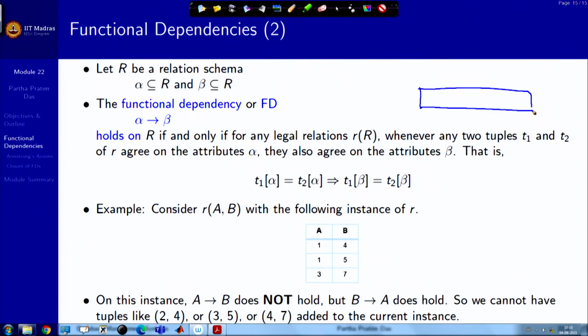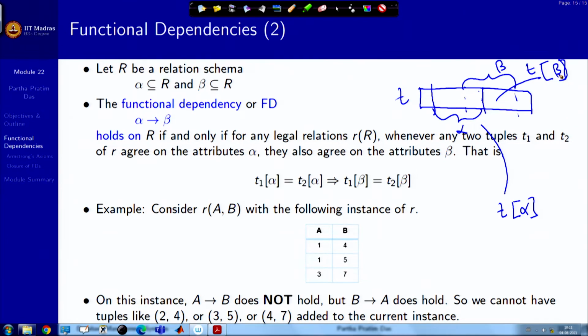So, I have a set of attributes alpha, I have a set of attributes beta, there may be some overlaps, I have T. Now, by T alpha, we mean a tuple which just takes the values of T on alpha attributes. Similarly, this part of what you get here will be T beta.